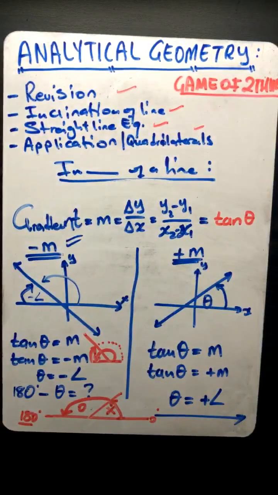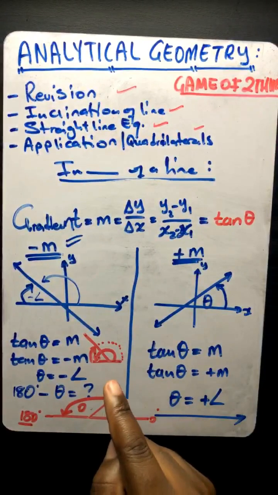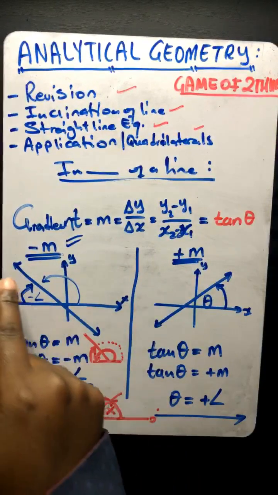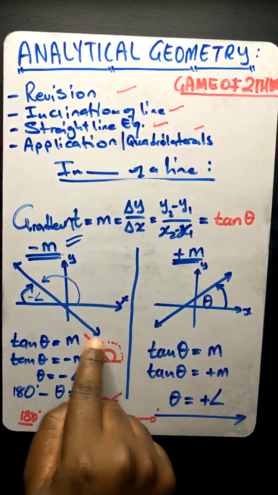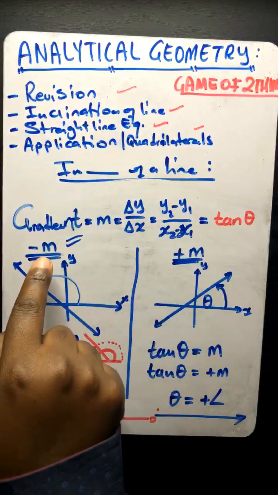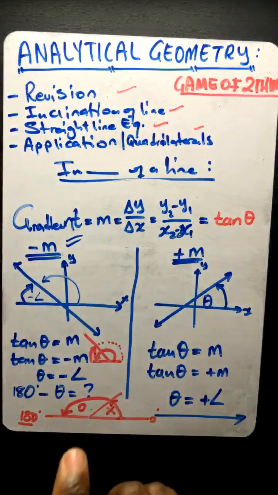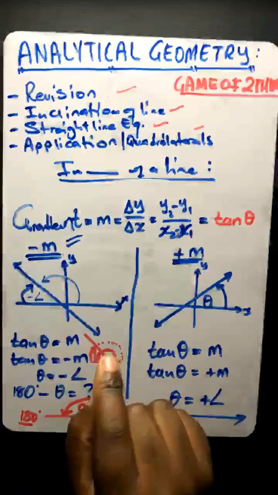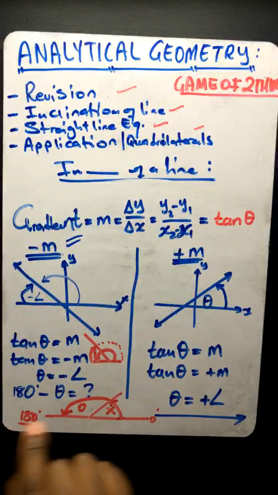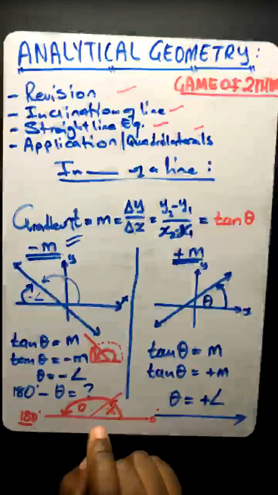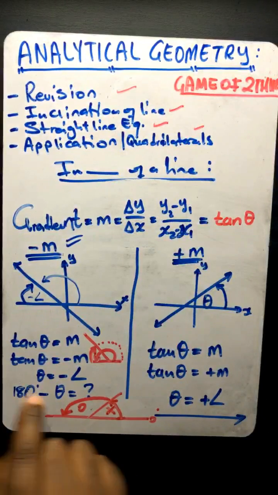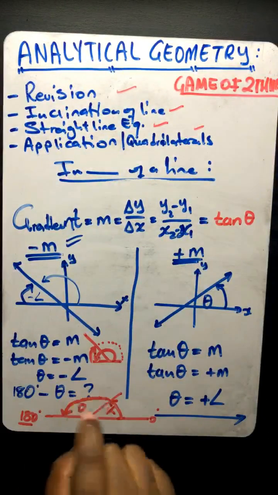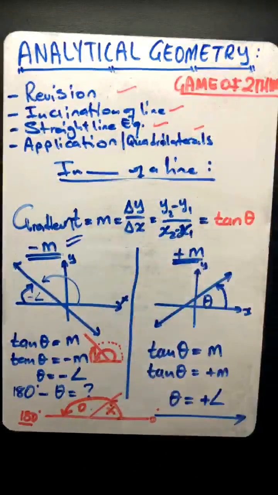You nailed it, Ntombo. You say if you have a negative gradient, I think you mentioned a negative angle, but I'm sure you wanted to say, if you have a negative gradient, you are going to get an answer which is a negative acute angle, of which you need to therefore either plus it with 180 or do it the manual way and say 180 minus that acute angle, and it's going to give you what we call an angle of inclination.